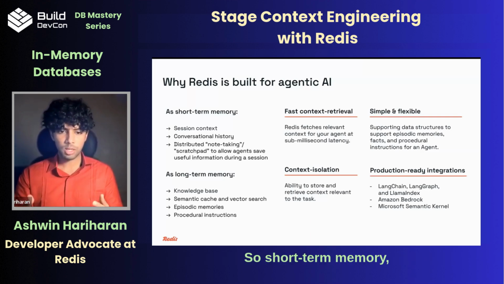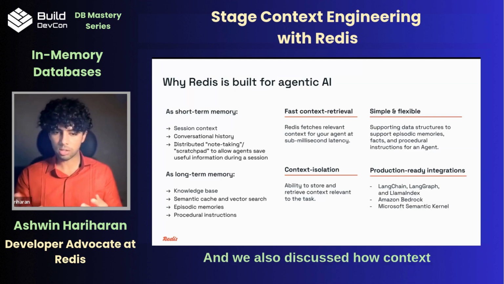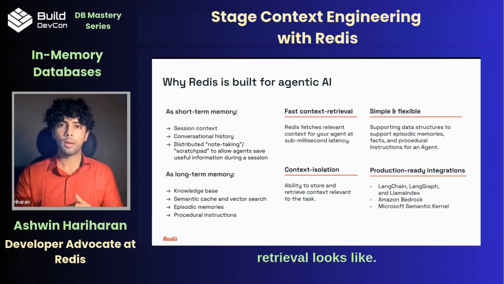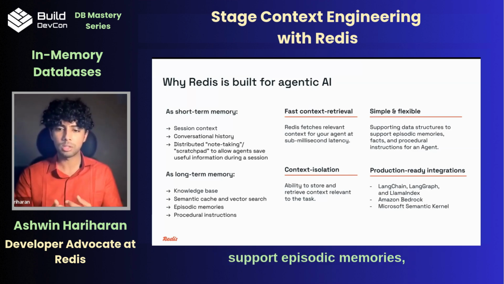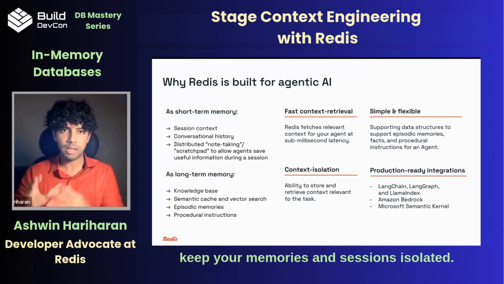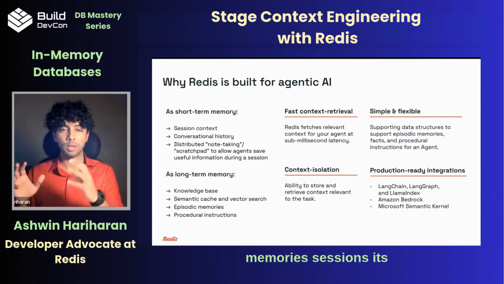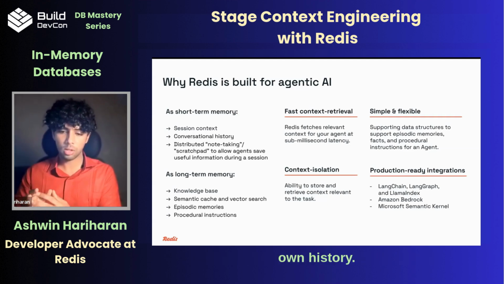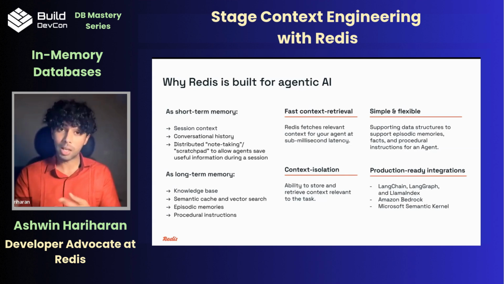So, short-term memory, we discussed that already. And we also discussed how context retrieval looks. Redis also supports multiple data structures to support episodic memories and keep your memories and sessions isolated. Every conversation has its own history, and it also has its own tool usage, right? It allows you to store and retrieve context relevant to the task.